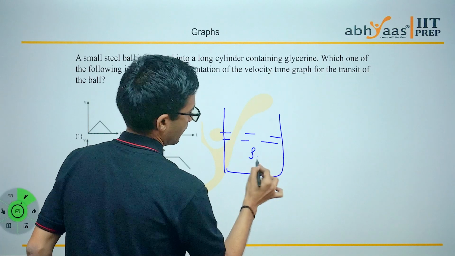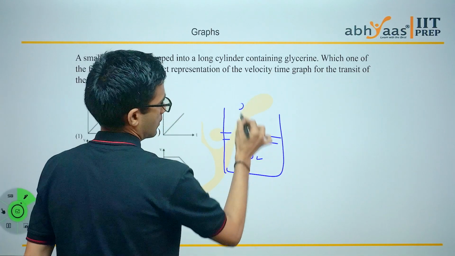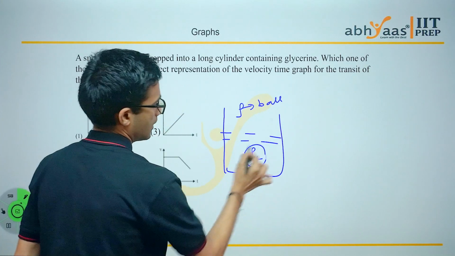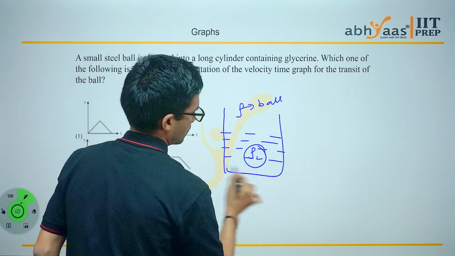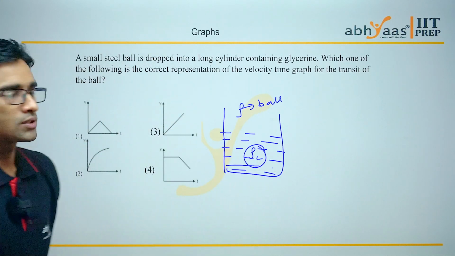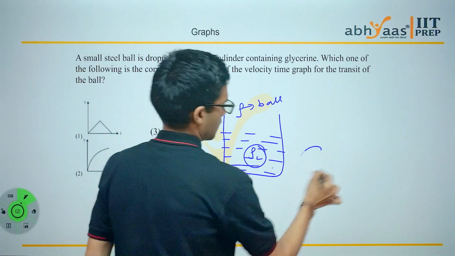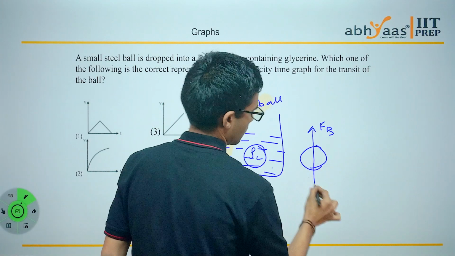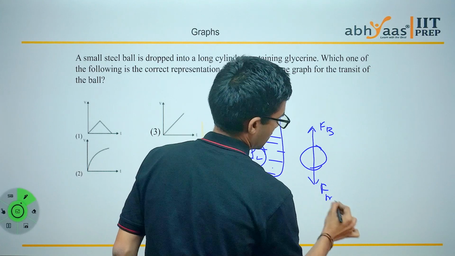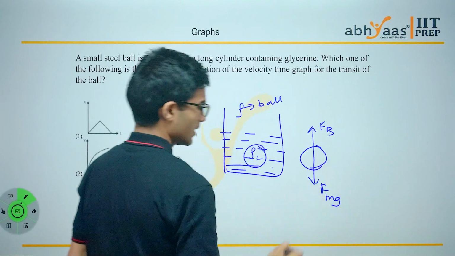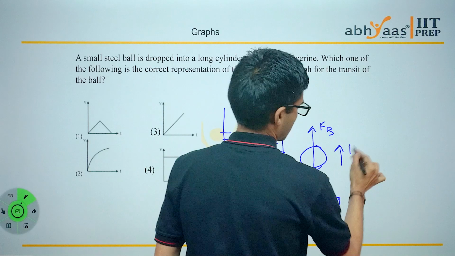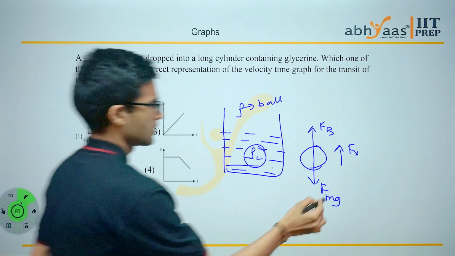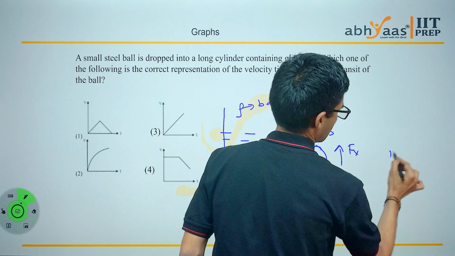The liquid has density rho L, the liquid density, and the ball has density rho. The ball is in the form of a sphere. If you observe, there is a buoyancy force FB due to the liquid, mg is there, and another thing, the viscous force is there. Here that is equal to the pseudo force, ma.